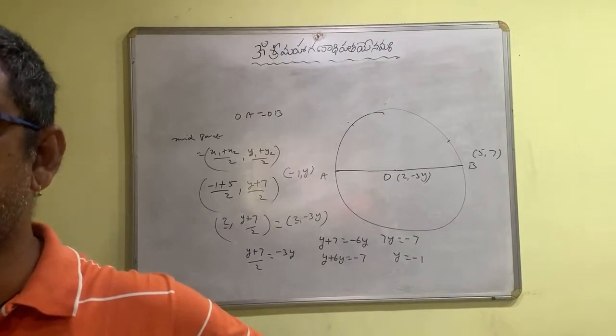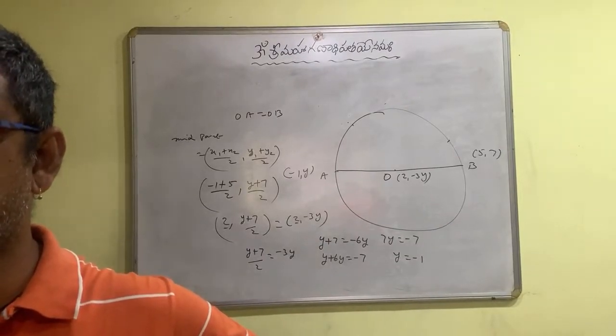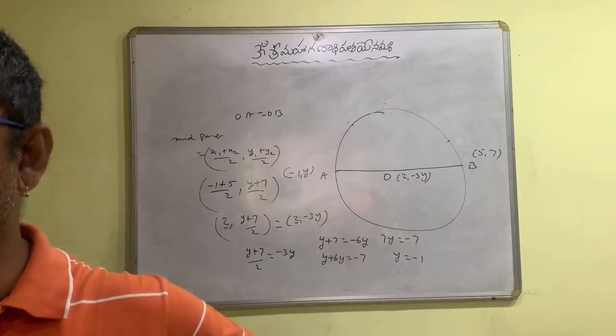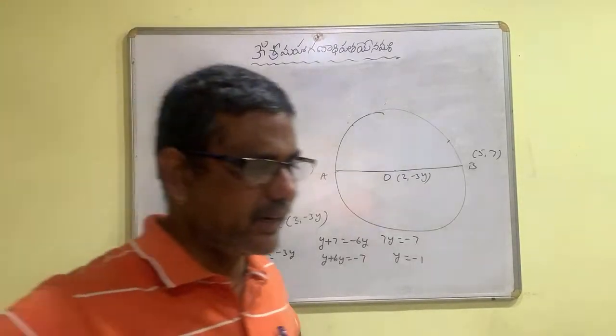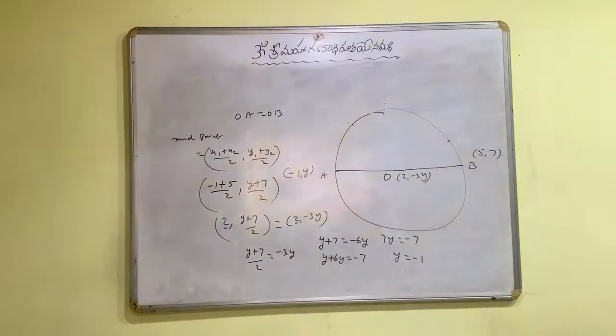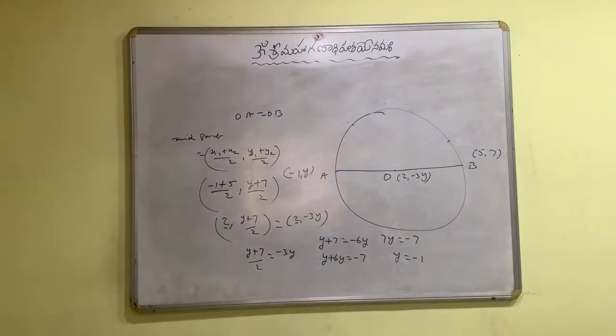Shreyas typed two times. So that means that is also 24.